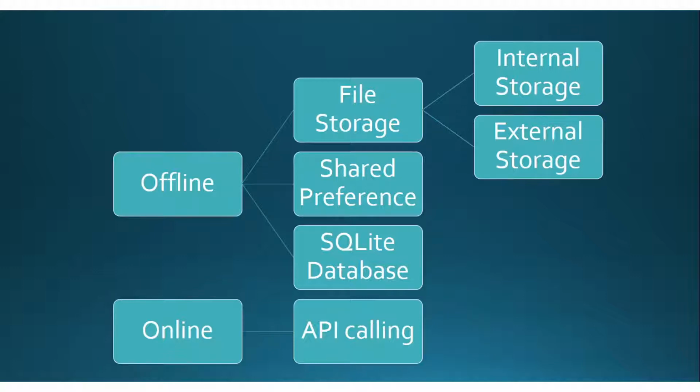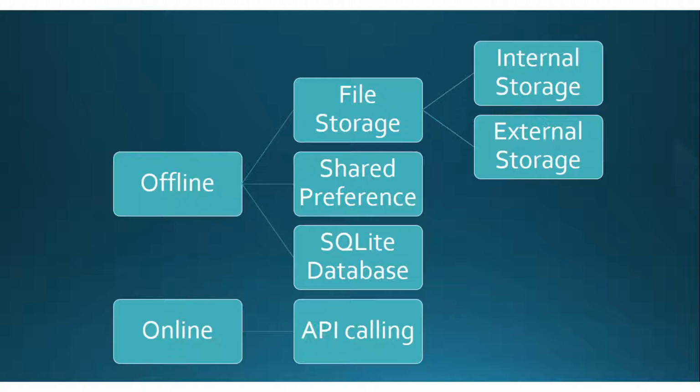File storage is normally used for any kind of file we want to store, whether it is an audio file, video file, image, PDF file, etc. Shared preference is normally used for small pieces of values, like key-value pairs.